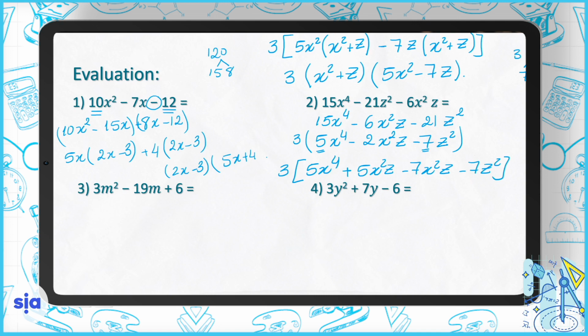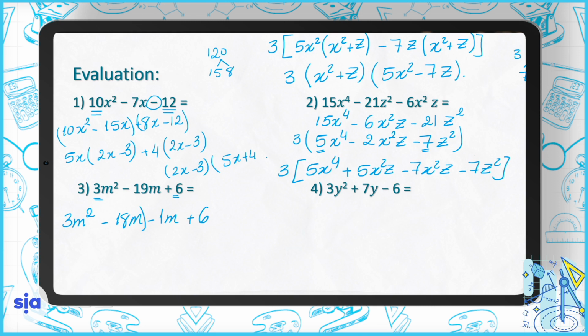Question 3. If you multiply the 3 by the 6, it's 18. So I want two factors of 18, their sum is 19. For sure, that's very easy. It's the 18 and the 1. So 3m squared minus 18m minus 1m plus 6.